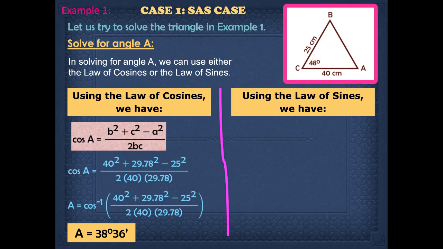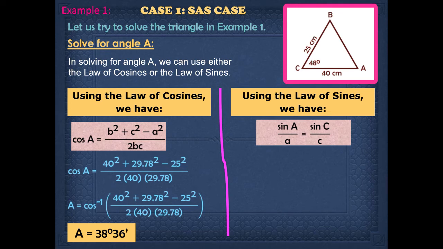Now, using the law of sines, we have sine A over a equals sine C over c. Now, we can use the law of sines here because this example falls under the SSA case.